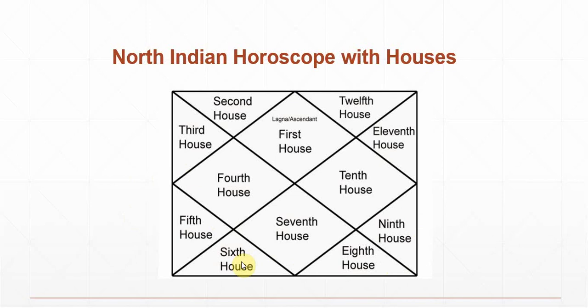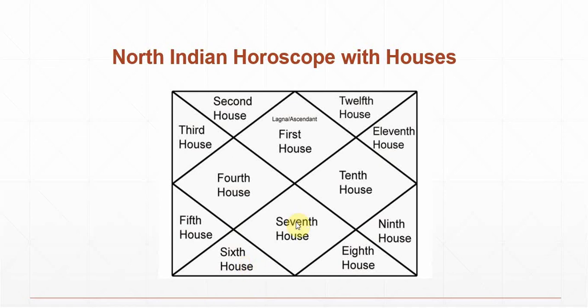So, your debts, if you are in a debt, that is seen from the sixth house. What kind of diseases you'll get, and what will be the nature of those diseases, that is also seen from this house. And then your enemies, your secret enemies, we analyze them from the sixth house as well.